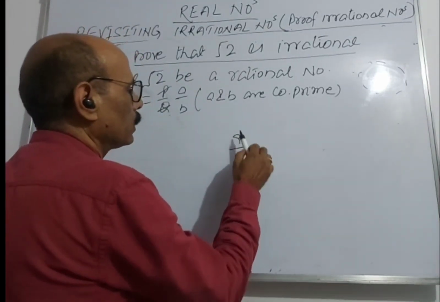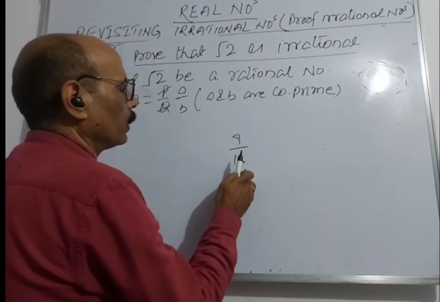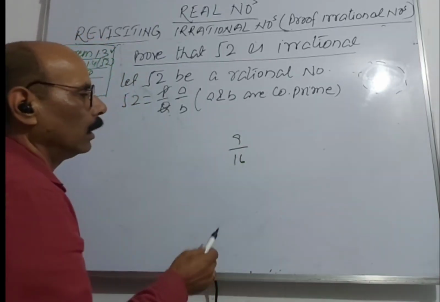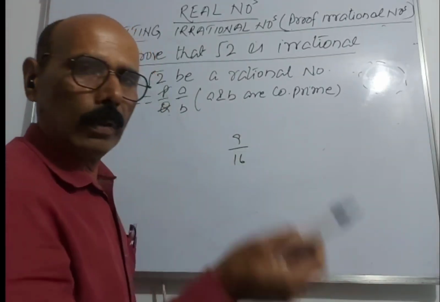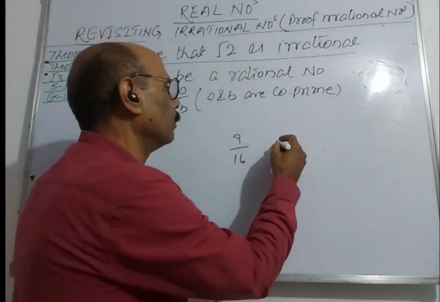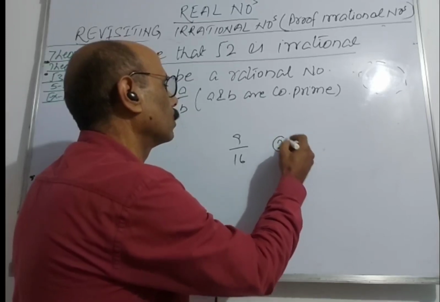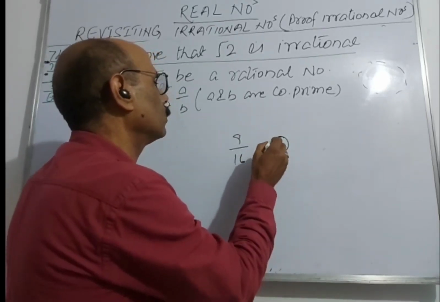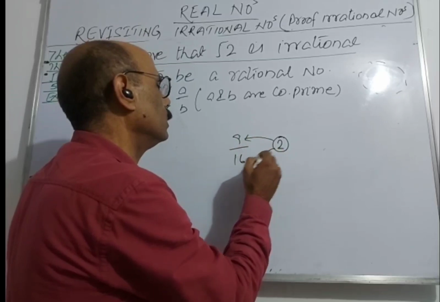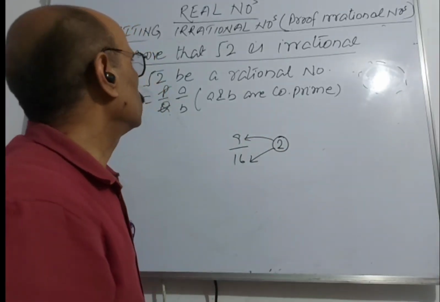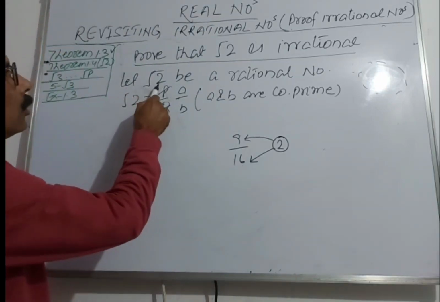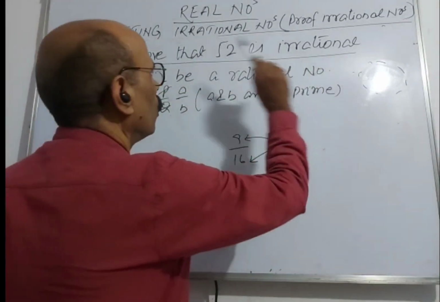If we prove that some number is a factor of this and this also, then these two numbers will not be co-prime, so the assumption will be wrong.